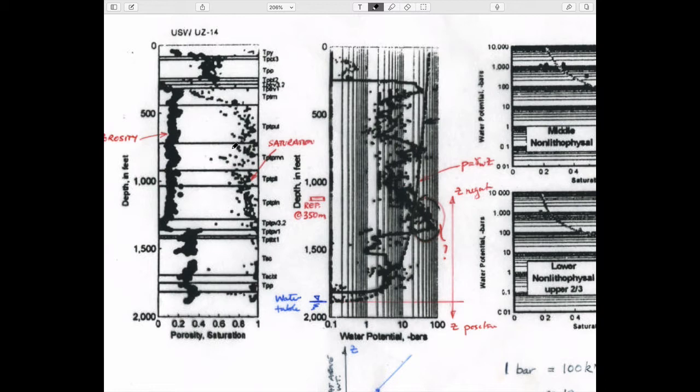And this is a cross-section with a whole bunch of experimental data points on that section. So 600 meters is something like 1,800 feet, right? 3 times 600 is 1,800. This is the ground surface. This is the water table.